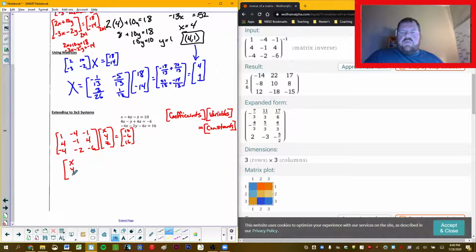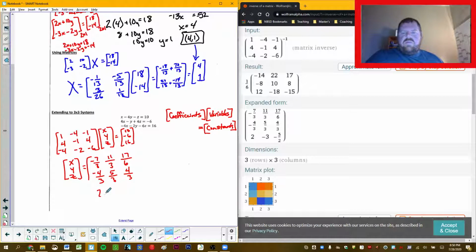So here we have x, y, z. I know that I'm going to multiply it on the left, just like before. Now let's try to write this one. So I have negative 7/3, 11/3, and 17/6. Negative 4/3. I'm going to end up making this bigger. It feels like I'm writing smaller right now, but once I make it full screen, it's going to look really big and a lot uglier.